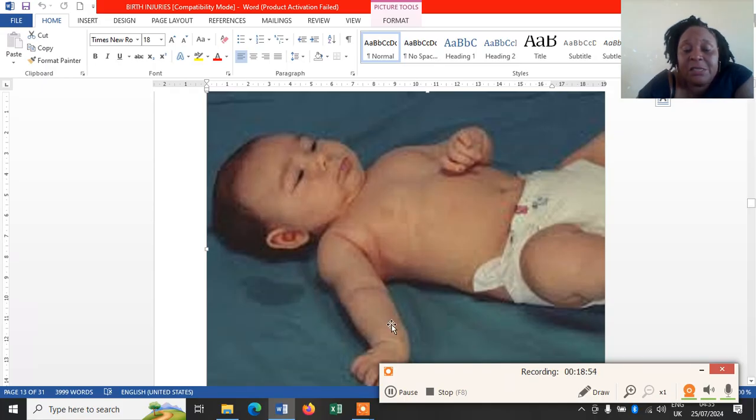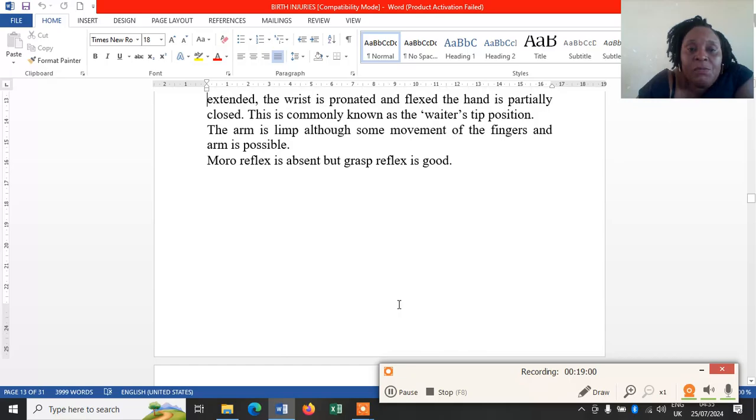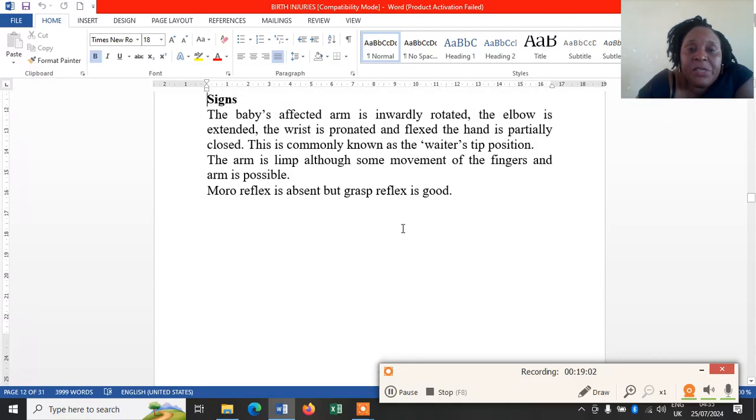The hand is extended, the wrist is pronated, the hand is partially closed, and that is why they call it a waiter's tip.